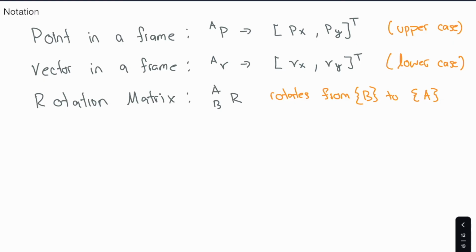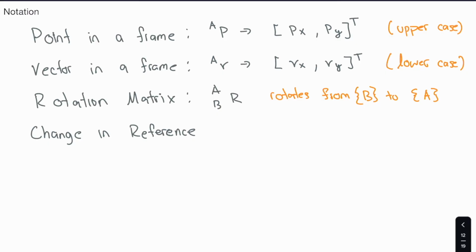So that's a rotation from one frame to another, but a full transformation or change in reference will require both the rotation and the offset component.